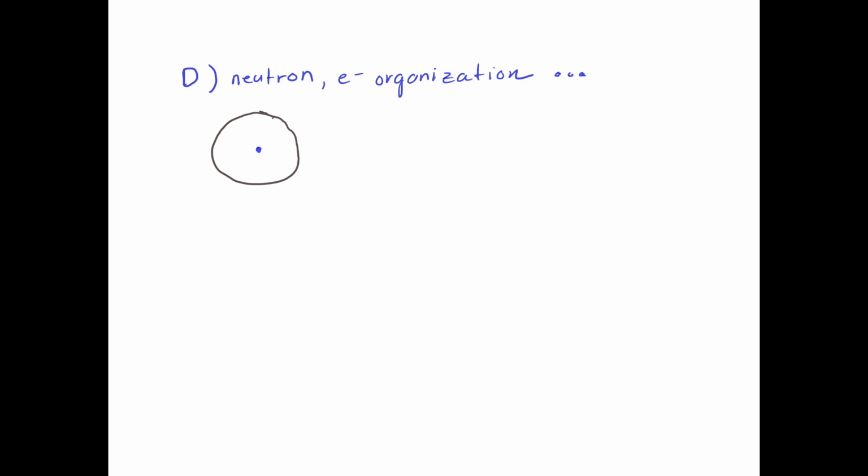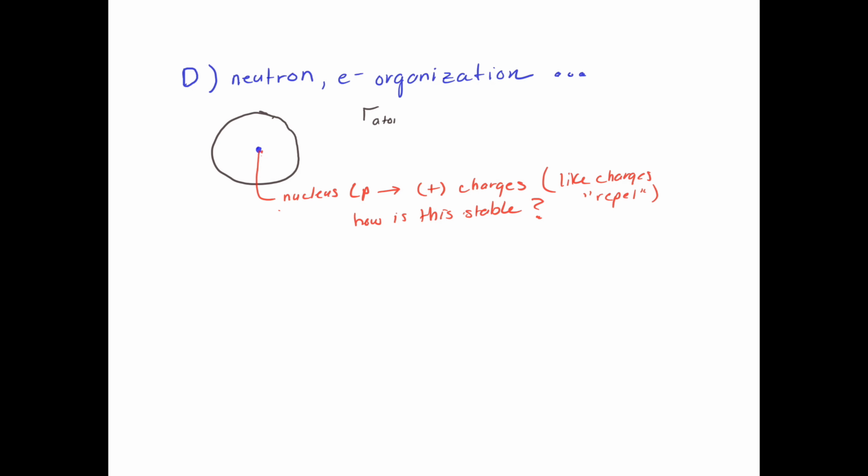But after the work of Rutherford, we had an understanding of the atom in which we have a nucleus, and all the positively charged protons are in this small region of space at the center of the atom. Okay, and just a quick reminder, protons are all positively charged, and physics tells us that like charges repel each other. So there should be some instability with having all those positive charges in a tiny, tiny region of space. And so experiments had to be done to help explain why a nucleus is stable. Why those particles don't fly apart.